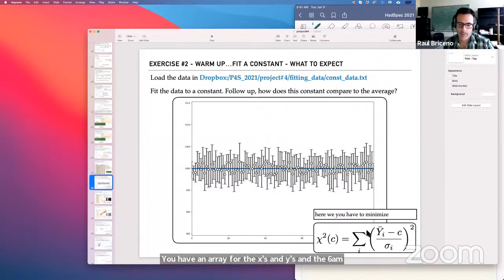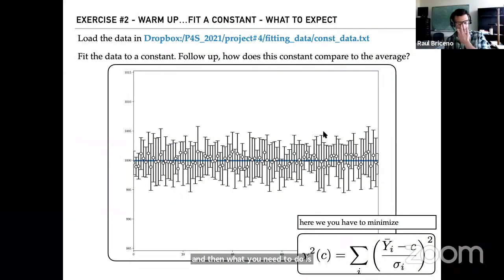And then what you need to do is write a chi-squared for this, which is only going to depend on c, which is the variable that you're trying to find. So you're trying to find the minimum of this as a function of c.